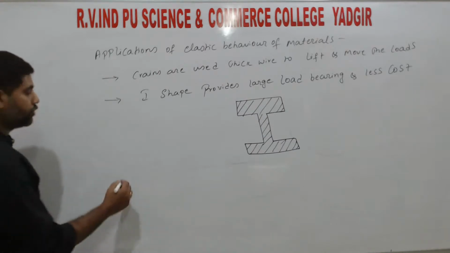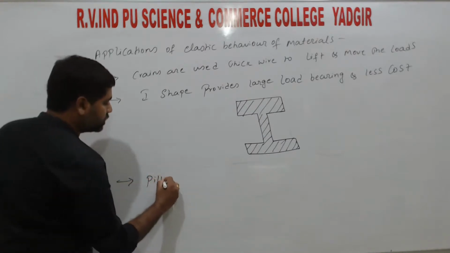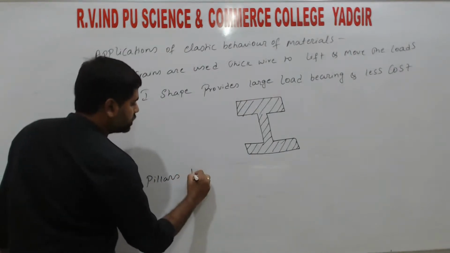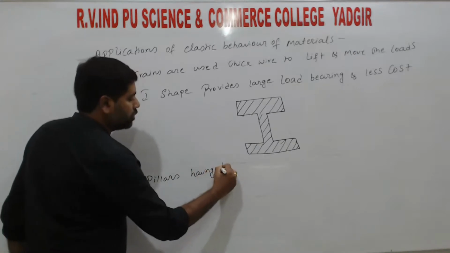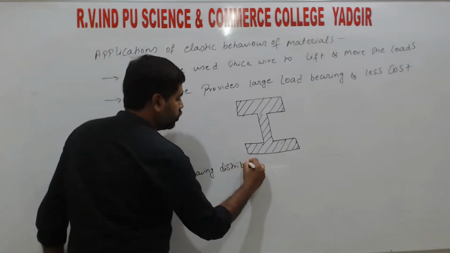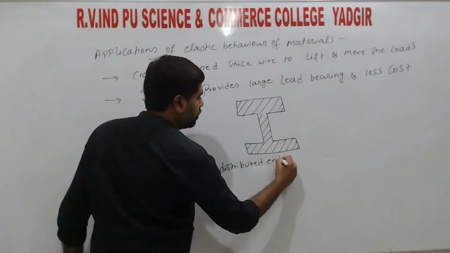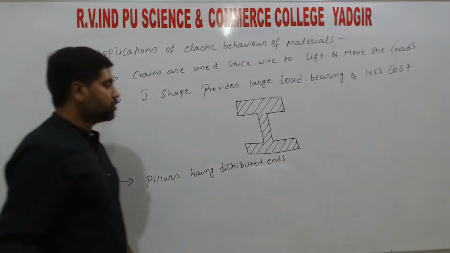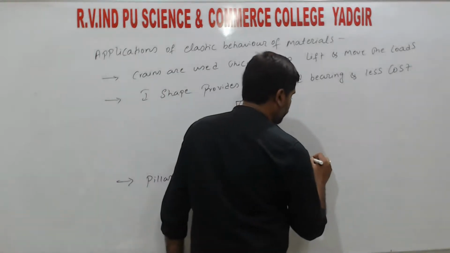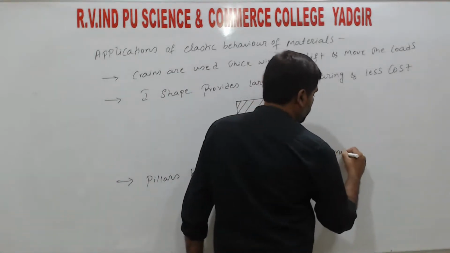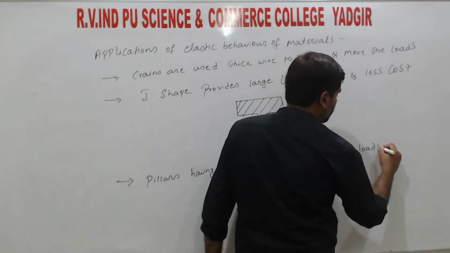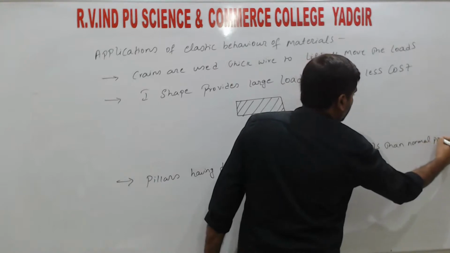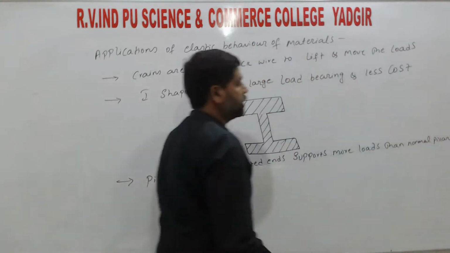So on the last one: pillars having distributed ends support more loads than normal pillars, right?